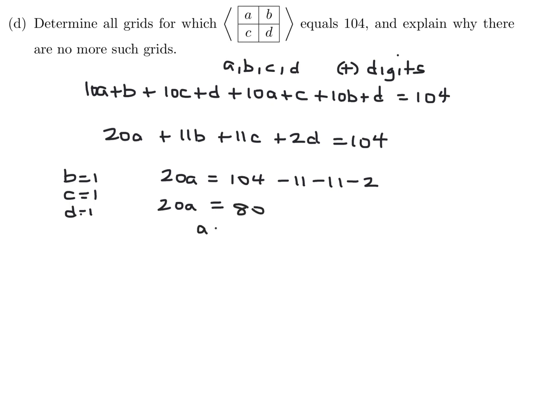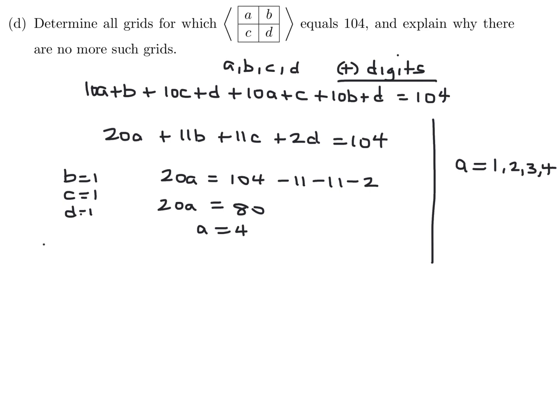So A would be 4. So A equals 4 is the largest A could be. And the smallest A can be, of course, is 1, since it's a positive digit. So A can be 1, 2, 3, or 4. That gives us limited options, and therefore we can complete the question more quickly.